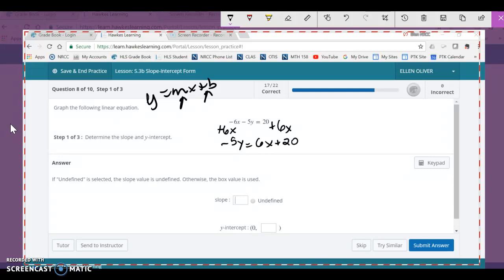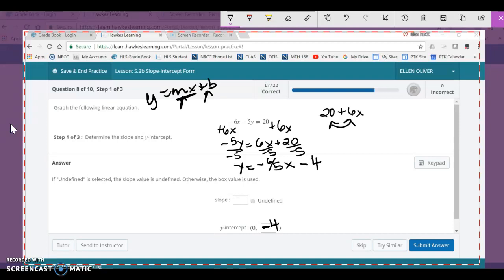And notice that instead of writing 20 plus 6x, I wrote it in the other order because we want our x term to come first. So now I just need to divide everything by negative 5. So I'm going to have y equals negative 6/5 x minus 20 divided by negative 5, which is negative 4.